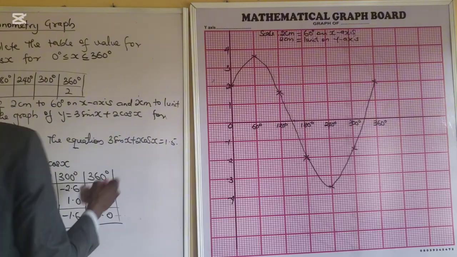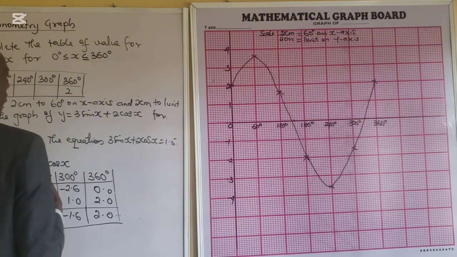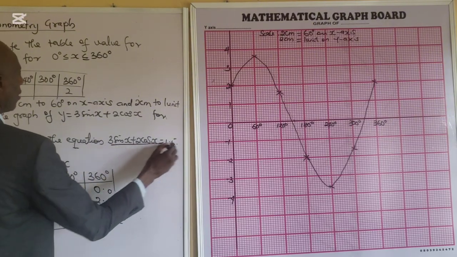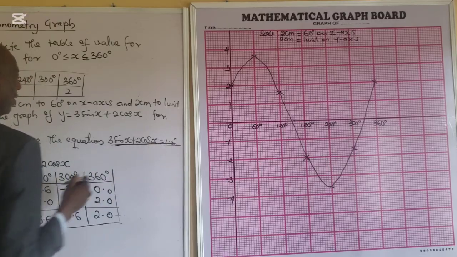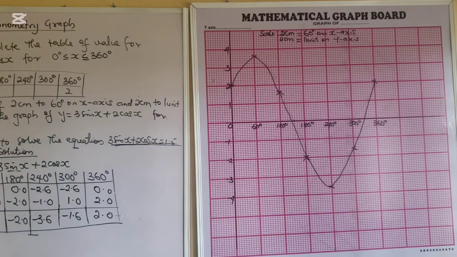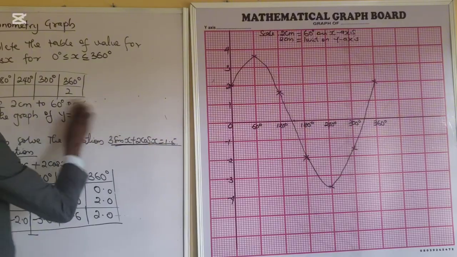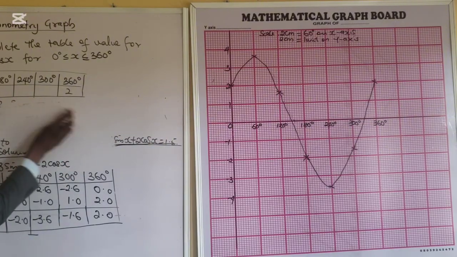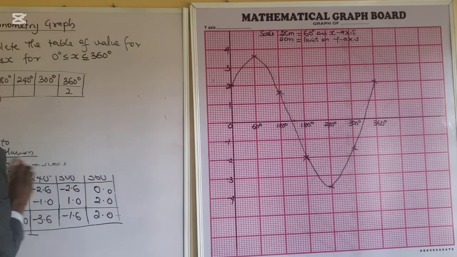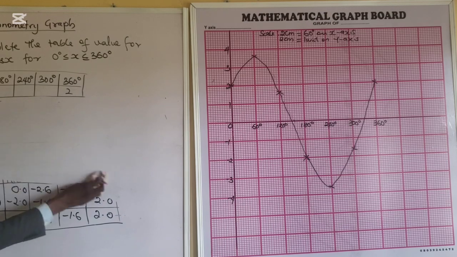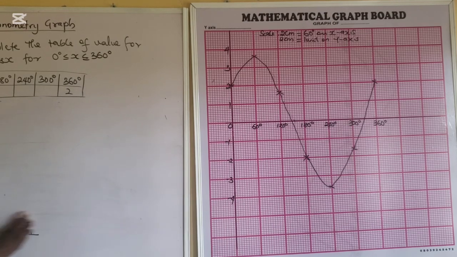Okay, now the question also is to find the equation 3 sine x plus 2 cos x is equal to 1.5. In other words, the value of y has been given to you.